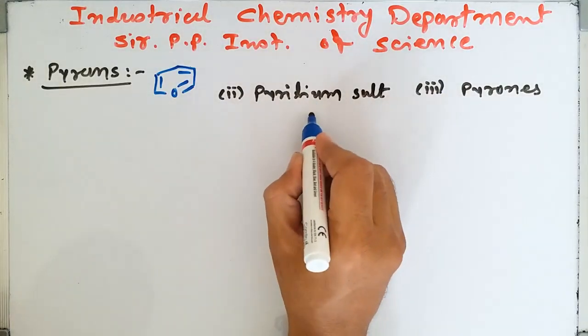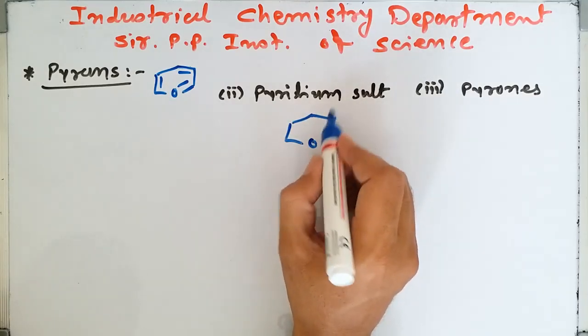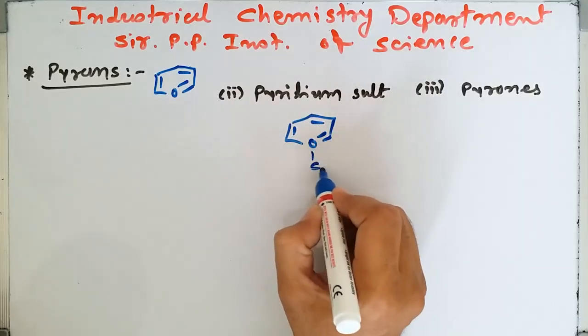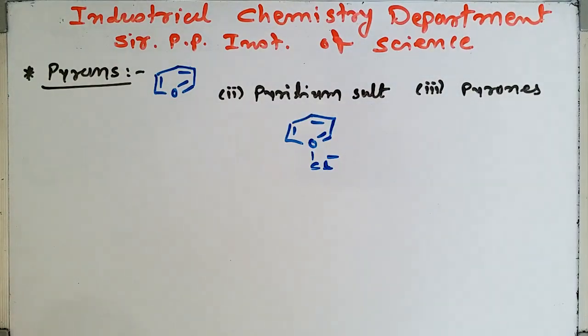Pyrylium salt contains one oxygen heteroatom, and this is connected with a salt. This is pyrylium salt.